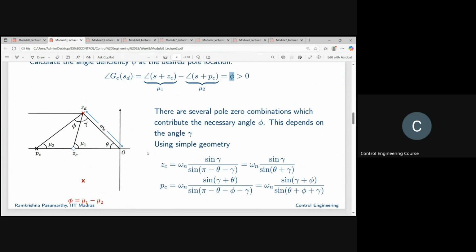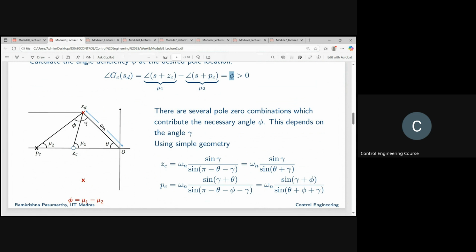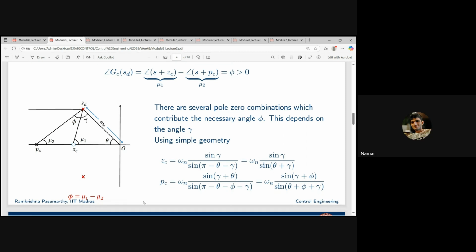And then, using geometry, using properties of triangles, what you get is ZC is this and PC is this.